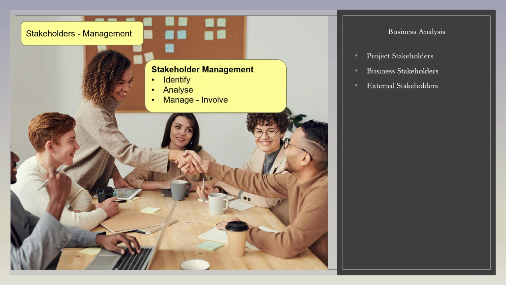The three-step approach to stakeholder management within a project is to identify them, analyze them, understand and prioritize, and then manage them, involve them in the project at the appropriate level.